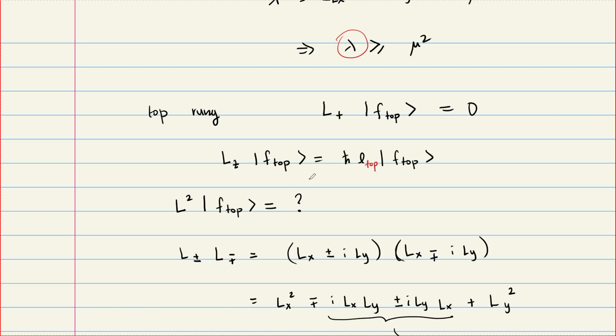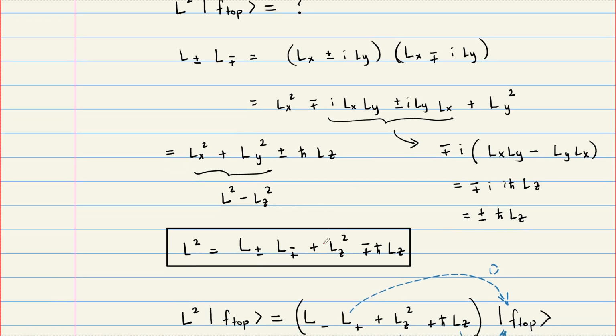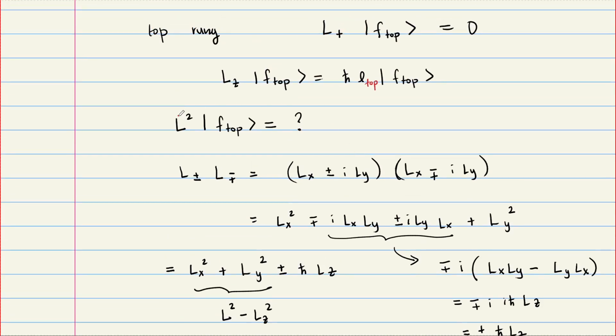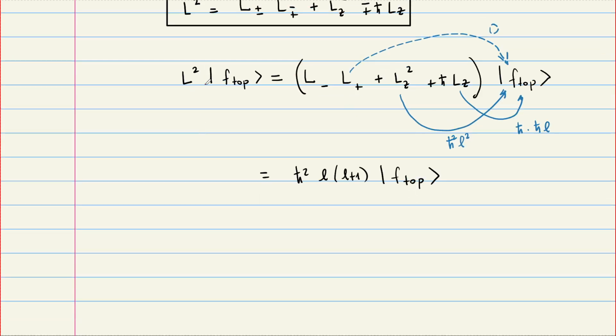And the question is, what about the corresponding eigenvalue for L squared? This is what we were trying to calculate last time. For that, we express L squared in terms of L plus and L minus, because L plus and L minus behave nicely in these spaces. And we found this. And then when we use it in that equation, this is L squared F top, this is what we are trying to find.